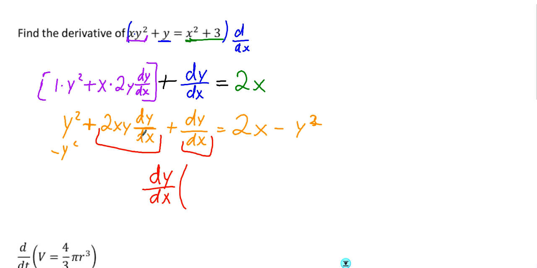What am I left with here in this first one? 2xy. Plus, what am I left with in the second one? 1. And that's going to be equal to 2x minus y squared.